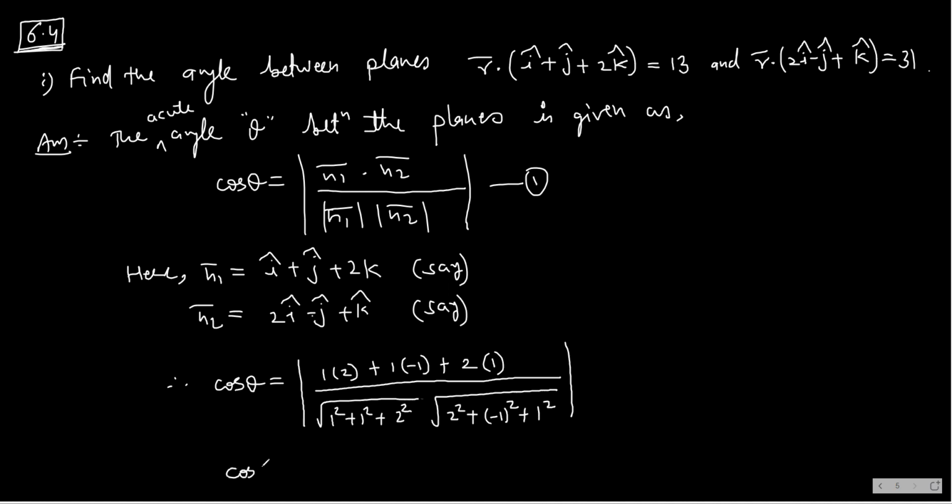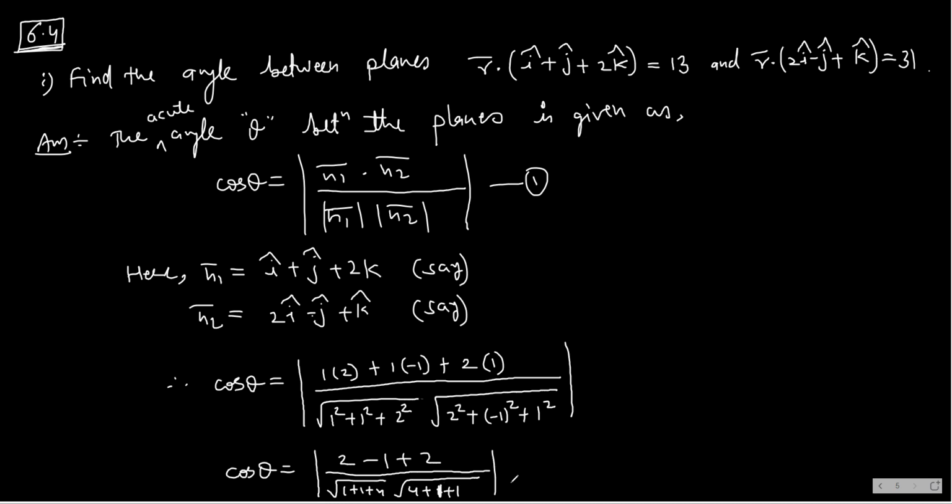So what do you have? You have cos theta equals, you can check here, 1 into 2 is 2, 2 minus 1 plus 2, upon 1 plus 1 plus 4, and down here 4 plus 1 plus 1.